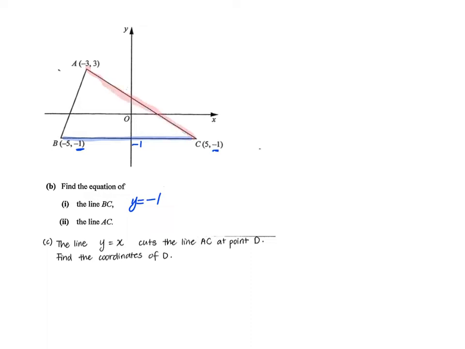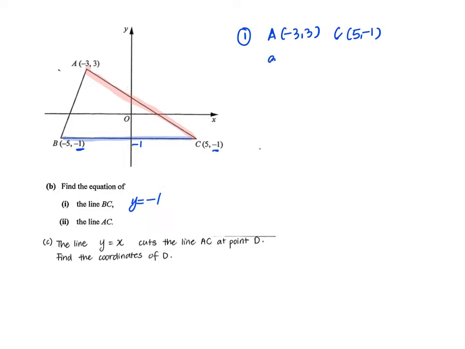So what are the things we need to do in order to find the equation of a straight line? Okay, first step, we need to find the gradient. Let's write down our points A and C first. A is (-3, 3). C is the point (5, -1). Okay, so I want AC.